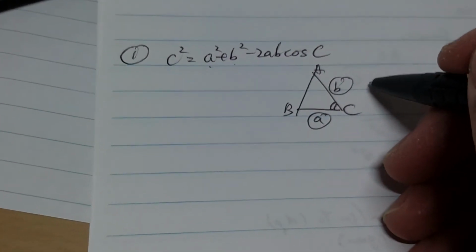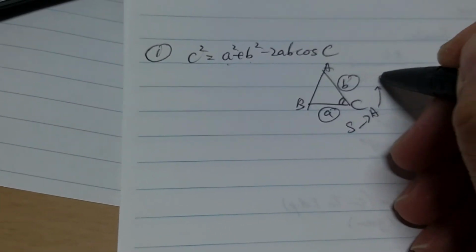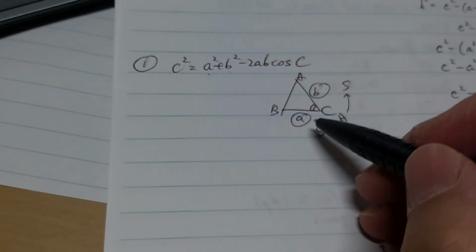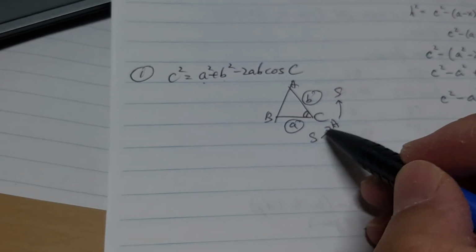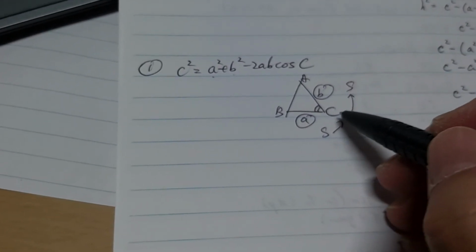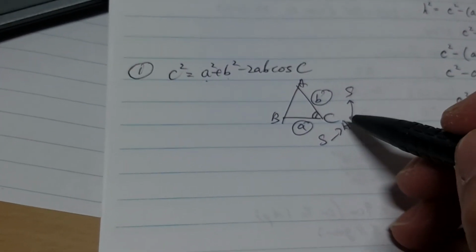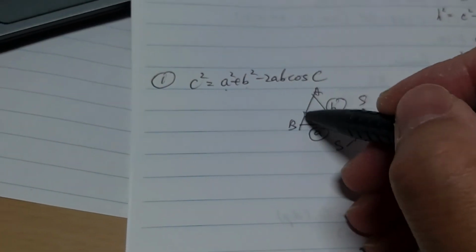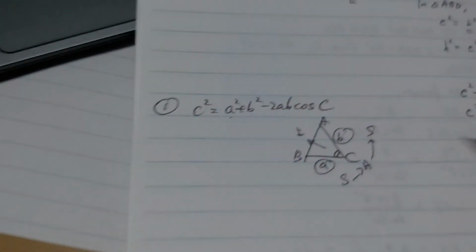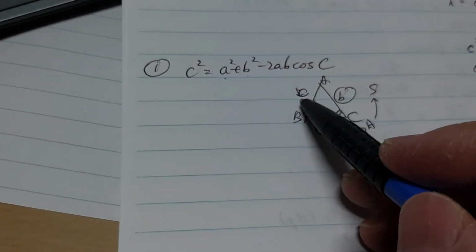So this is SAS. When we have a side and then an angle and a side, that means two adjacent sides with the included angle, we can use the cosine formula to find this side. Okay?